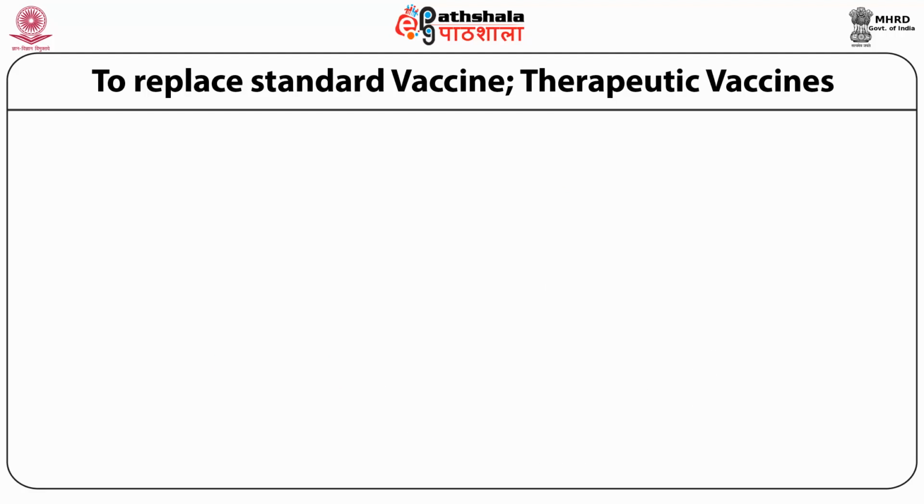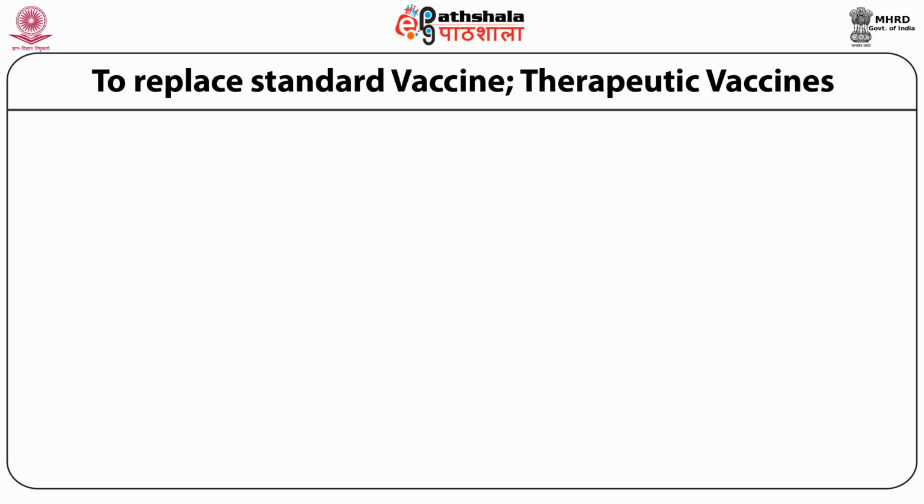We have read till now how viral infection damages the total immunity and how we can enhance the innate or adoptive immunity of the system. Here I will again give you a few hints on how to replace the standard vaccine.